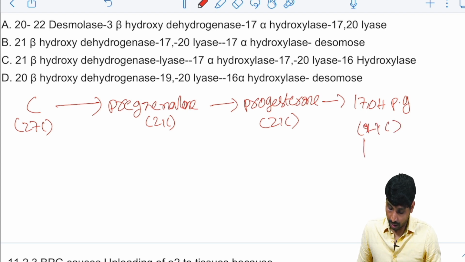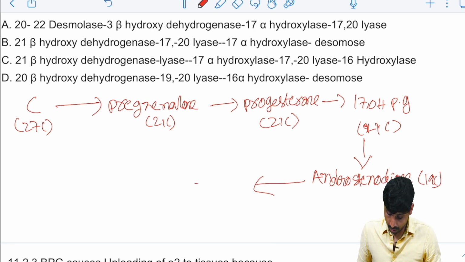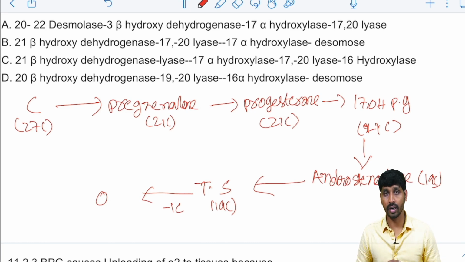This 17 hydroxy progesterone is converted to androstenedione, which is a 19 carbon compound, and this androstenedione is converted to testosterone, which is a 19 carbon compound. This testosterone, further removing one carbon, will be converted to estrogen: estradiol and estrogenesis. These are 3 compounds related to estrogen.